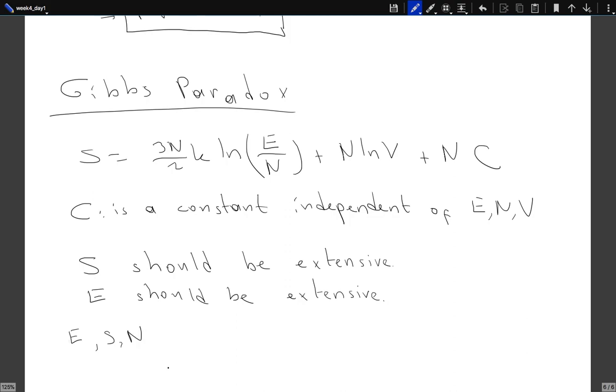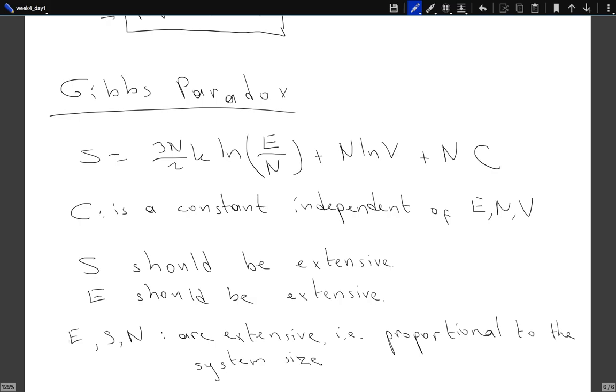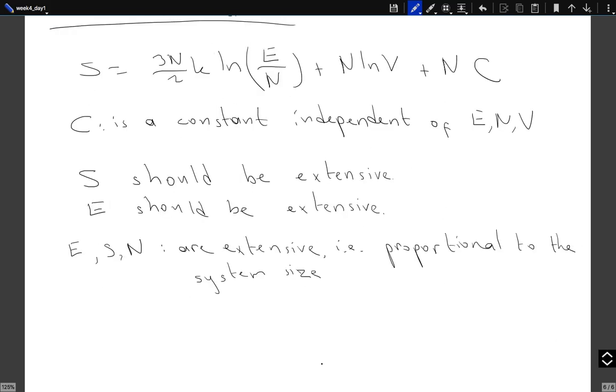The number of particles have been doubled. If the system is doubled, all these properties should be doubled.